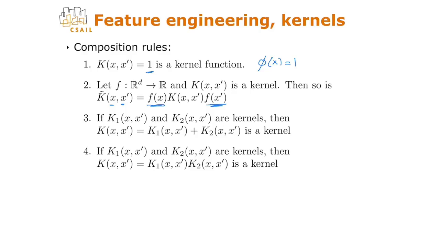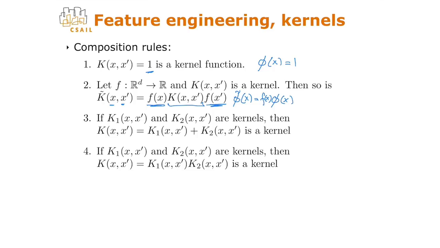So if I had feature vector phi of x before corresponding to this kernel, then the new kernel has a feature vector phi twiddle that's just that scalar function multiplying all the coordinates of the previous feature vector. Okay?